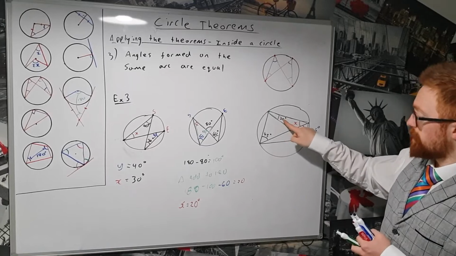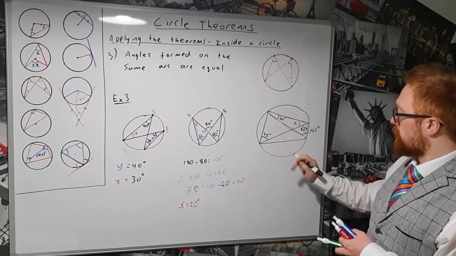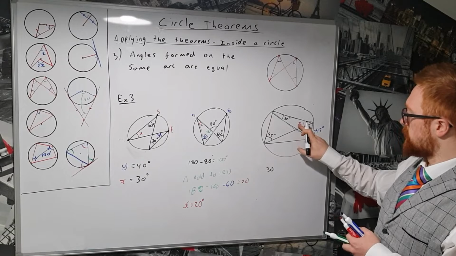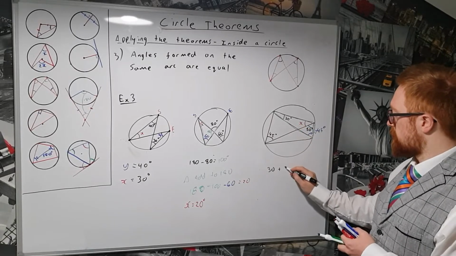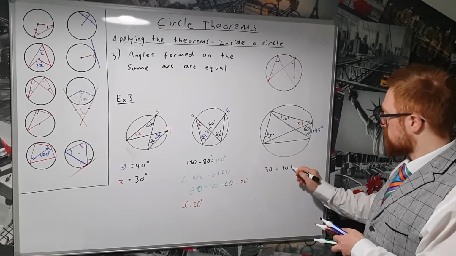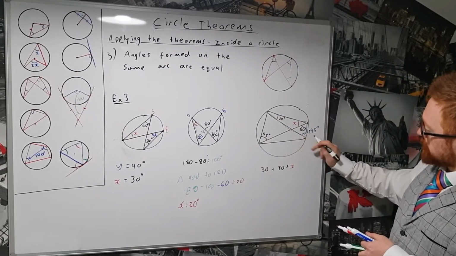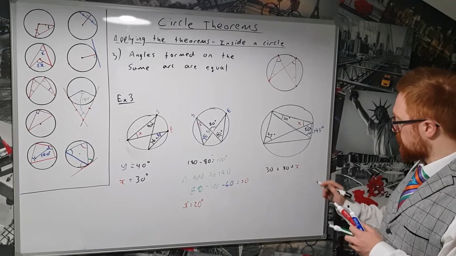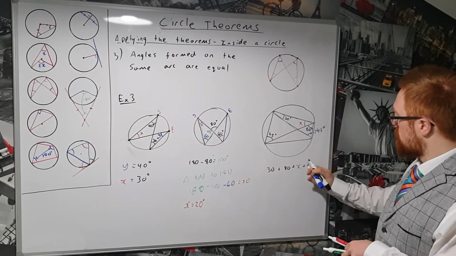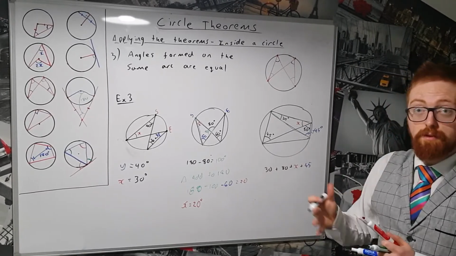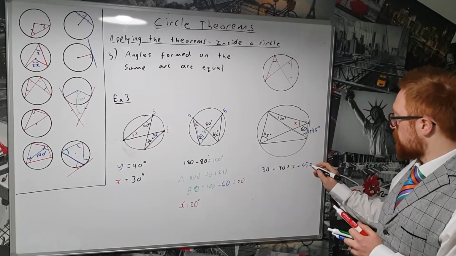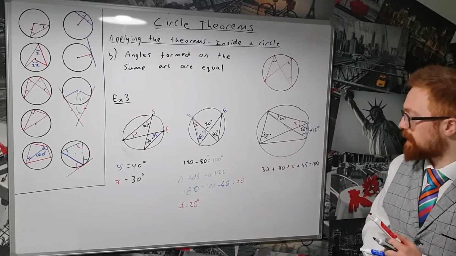And so we've got this angle here, which is 30 degrees, we've got this angle here, which is x plus 80 degrees, and we've got this angle down here, which I know is 45 degrees. And all the while we know that angles in a triangle have to add up to 180.